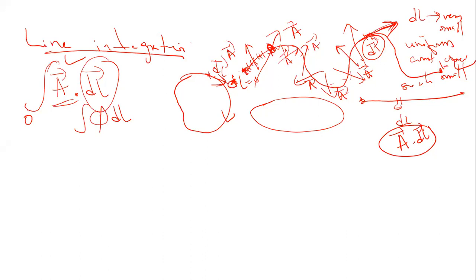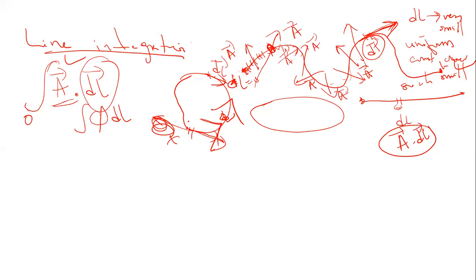But if the integration is to be performed anti-clockwise, you take a line element anywhere along the circle and take the tangent along the anti-clockwise direction, not along the other direction. So along the direction of rotation, or along the direction of integration, you have to take a tangent, and the tangent vector at that point will give you the direction of the line element vector. All right, that's how we do it.